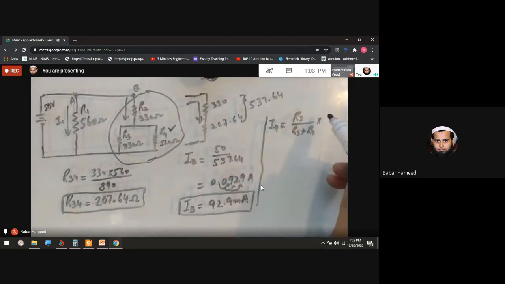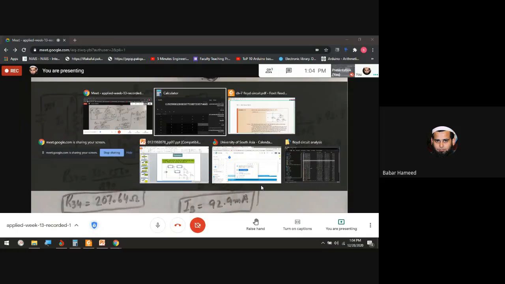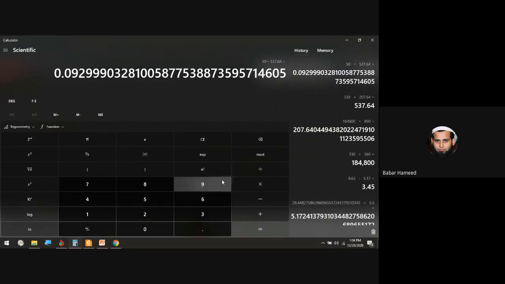And here the total current entering is 92.9, and R3 of the value 330, and their sum I have already calculated is 890, multiplied by 92.9. The last step is to find the value of current.